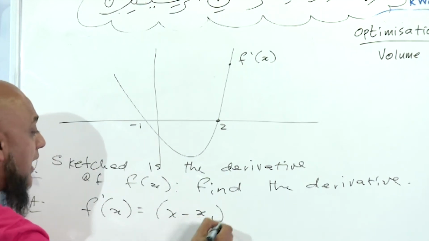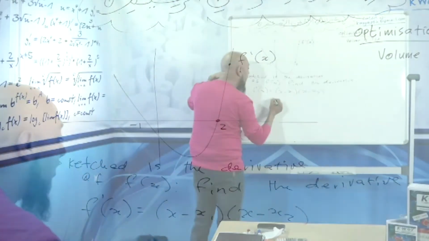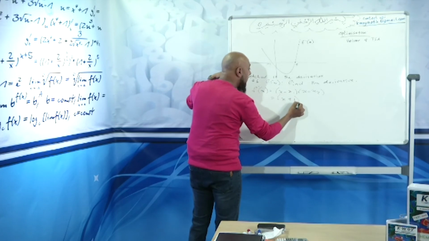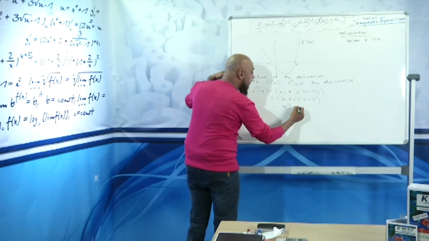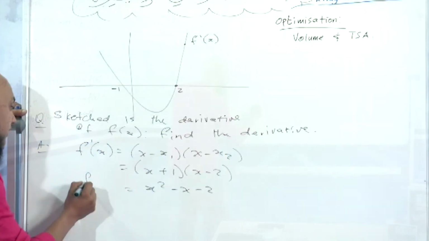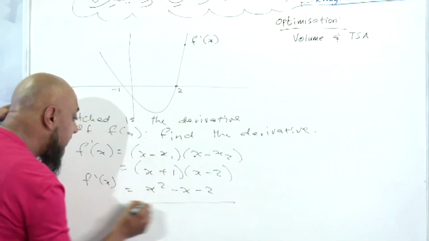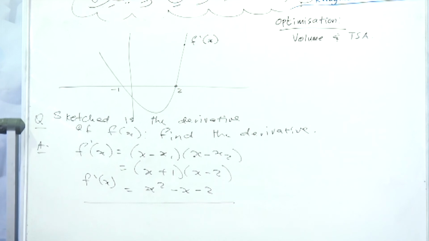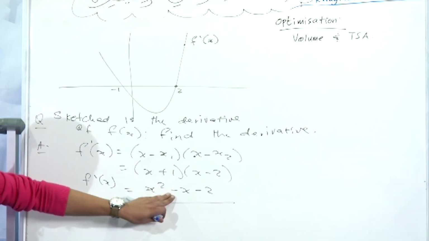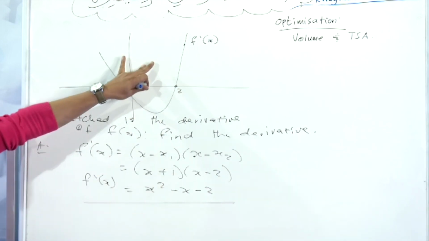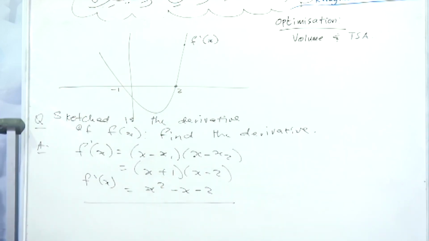This equals x plus 1 times x minus 2, which is x squared minus x minus 2. There we go, that is your derivative. This equation is the equation of your derivative. That's it.